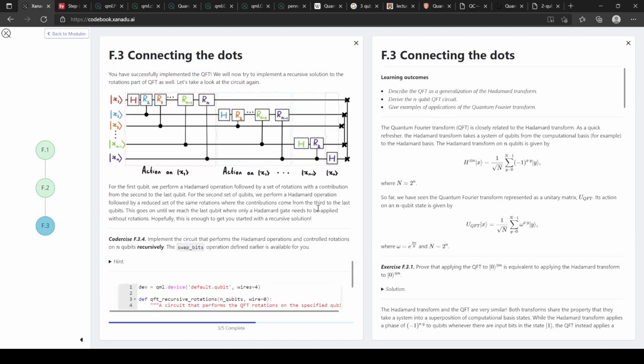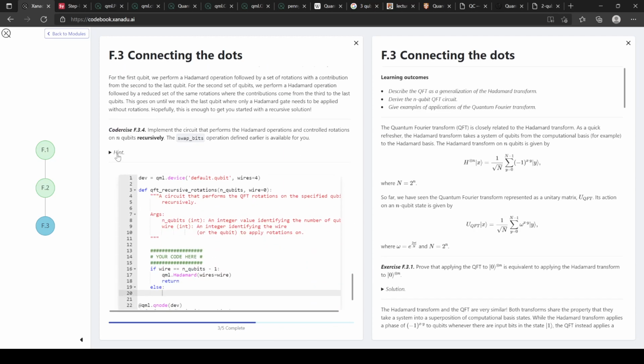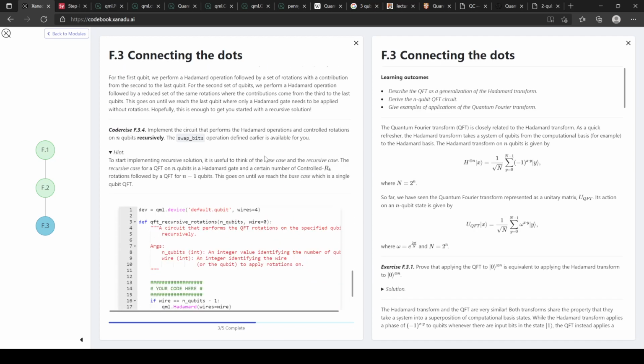Wow. And then we will just, yeah, okay, base case, recursive case.